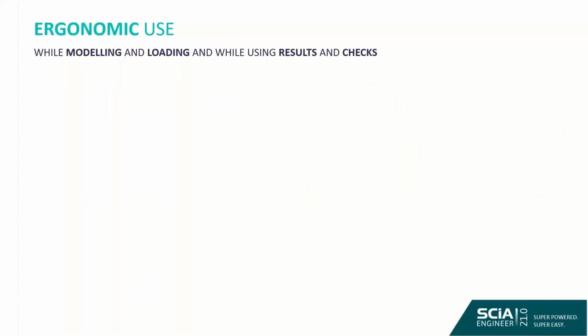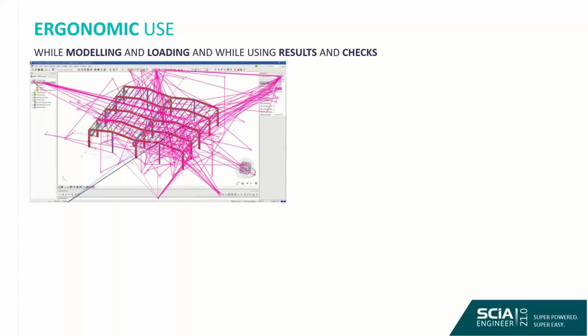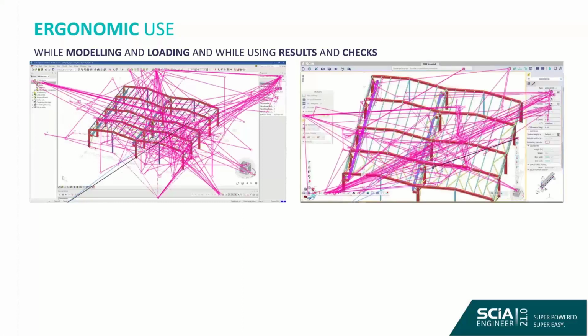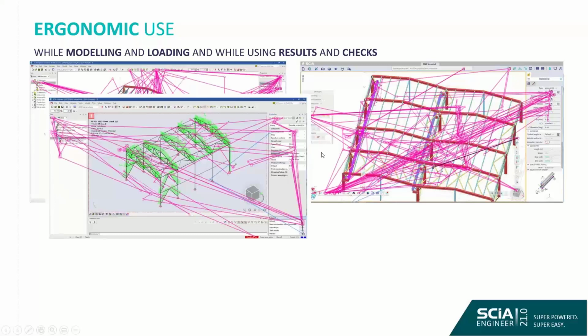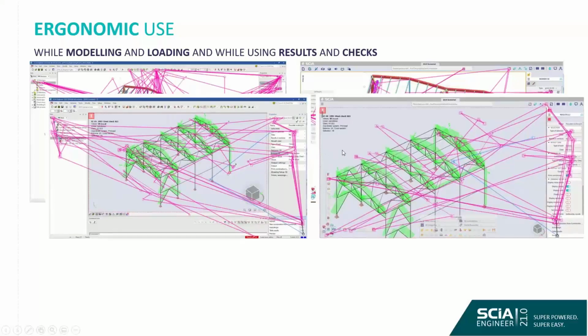We also make a big step in investigation and research about the actual ergonomics of use of SCIA Engineer. We did some recordings with multiple people, also amongst our user base, and we compared actually performing day-to-day actions, whether those are tasks regarding modeling, creating the structure like this, where you can see the users actually click, or working with results and checks.